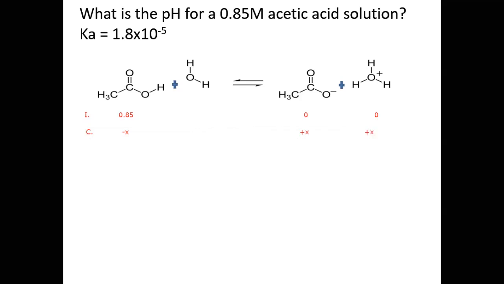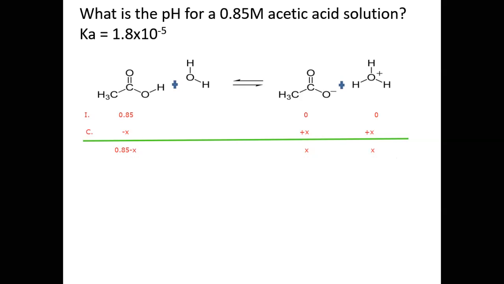Now we have equilibrium. And we get 0.85 minus x, x, and x.